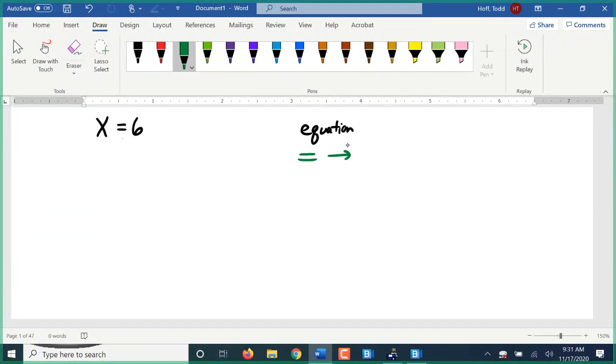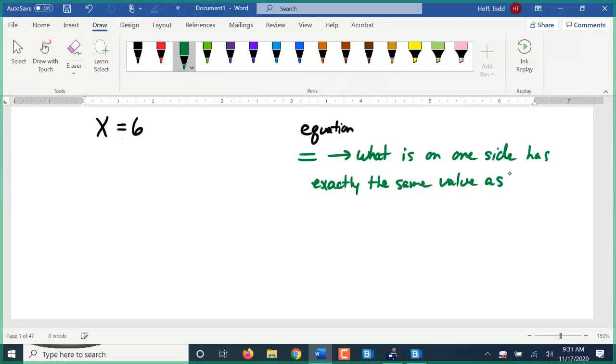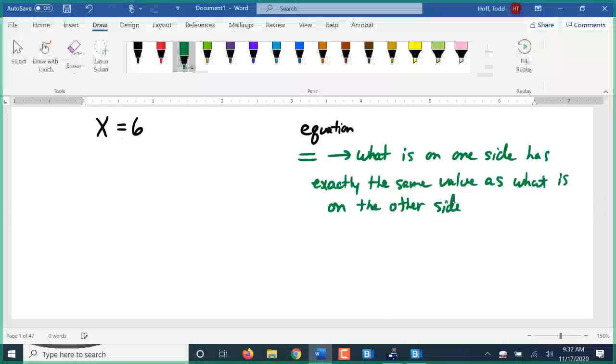But what it means is what is on one side has exactly the same value as what is on the other side. So that means this side, the x, has exactly the same value as the 6.